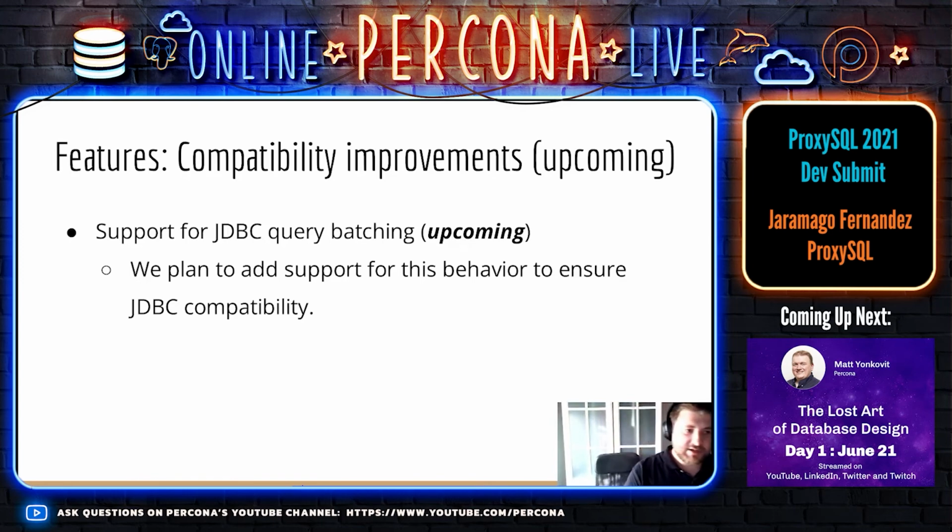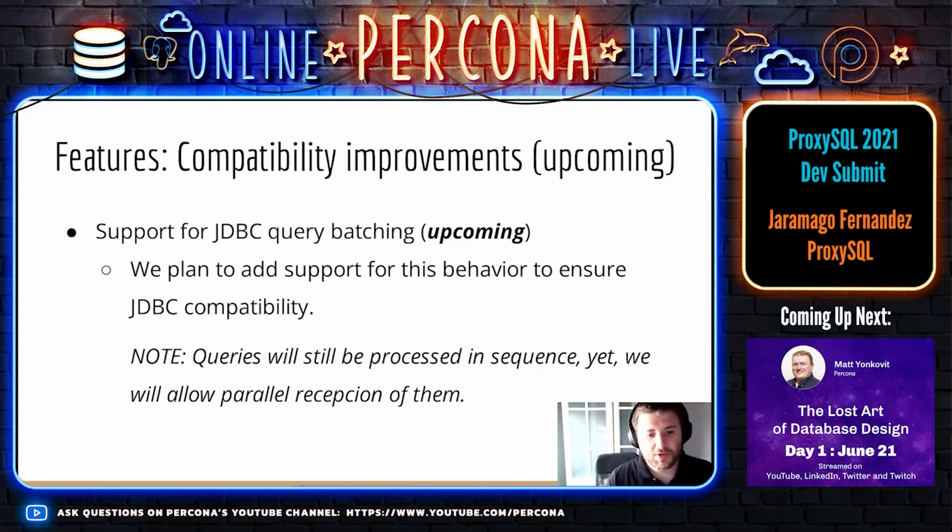What we plan to do is to add support for receiving parallel requests from clients, which leads me to my final note: queries will still be processed in sequence, yet we will allow the parallel reception of them.